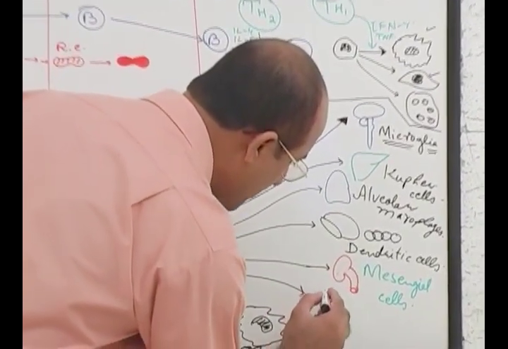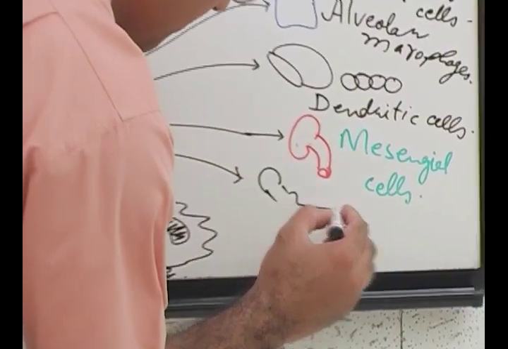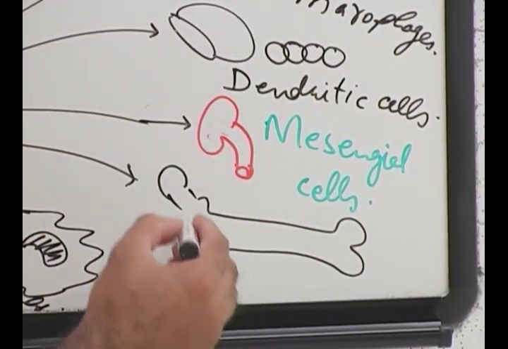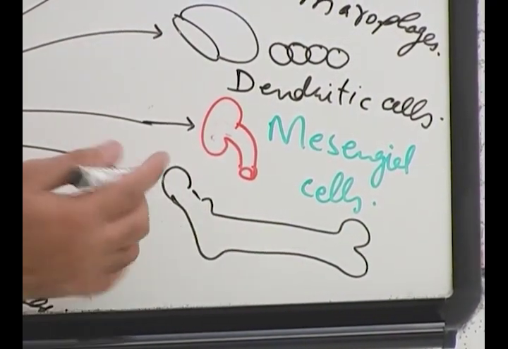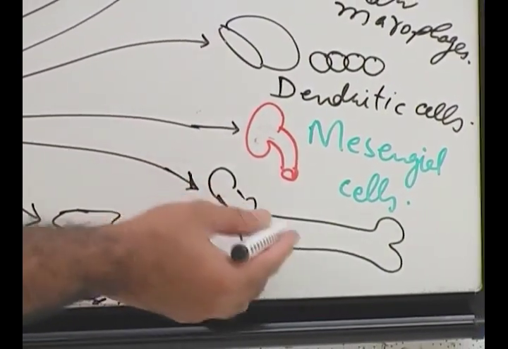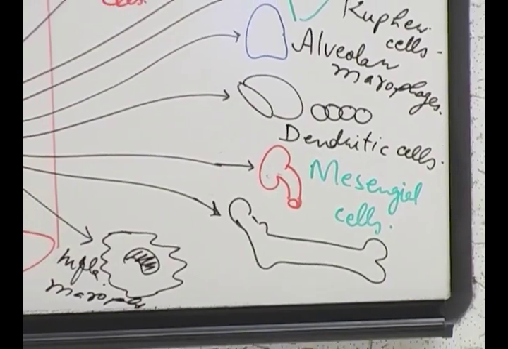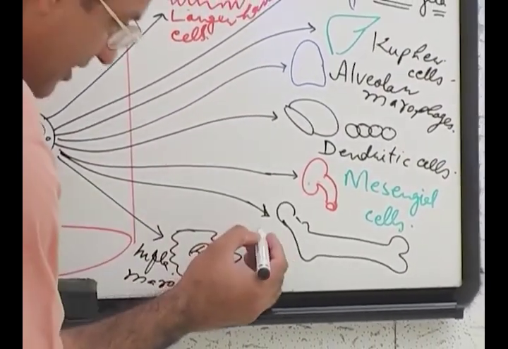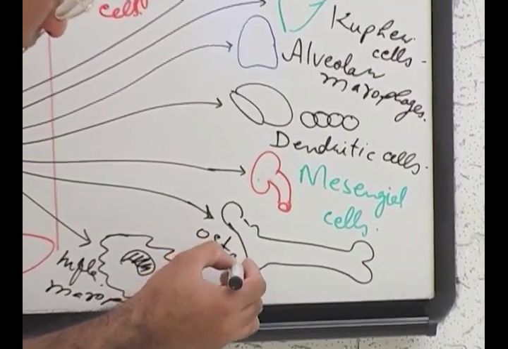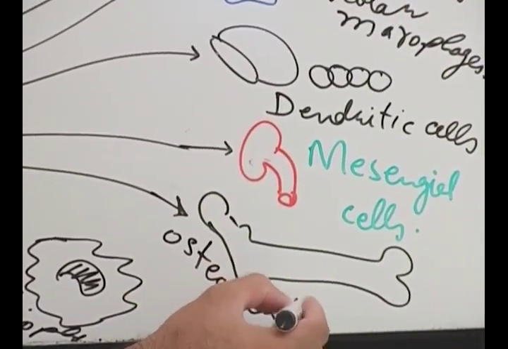Let's suppose this is your femur, right? Some of the monocytes are permanently resident in bone, and these are called osteoclasts. These are called osteoclasts, bone-eating cells.